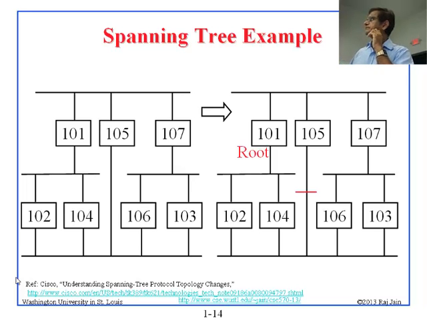On the bottom Ethernet, what would be the designated bridge? There are two of them which are equally close, 102 and 104. What about 105?